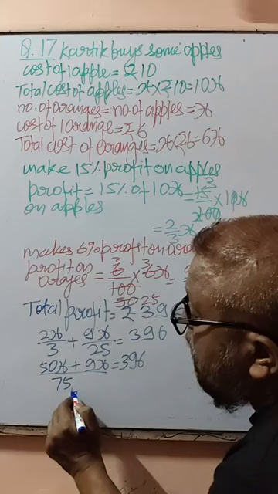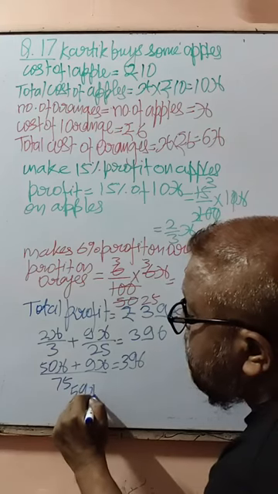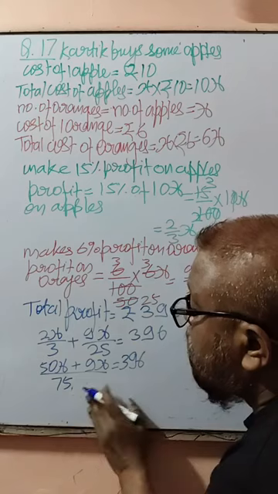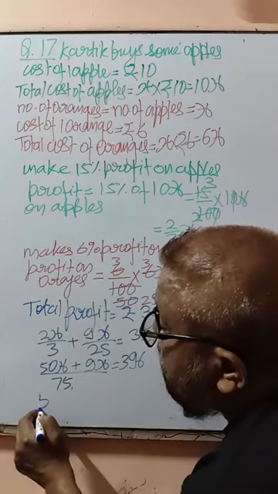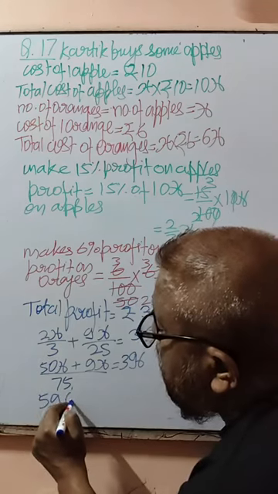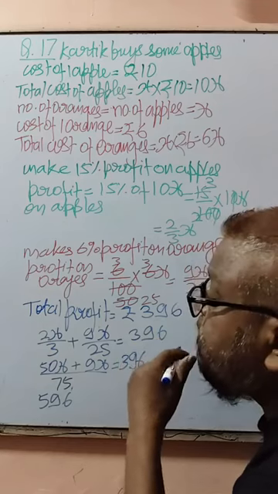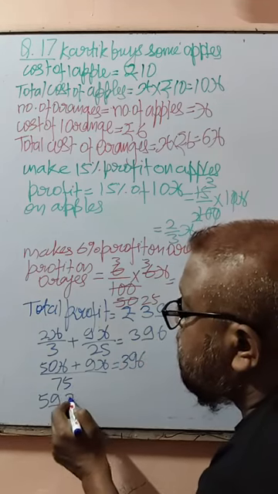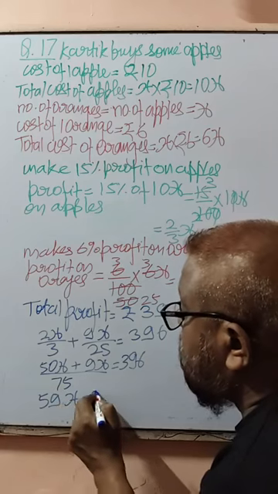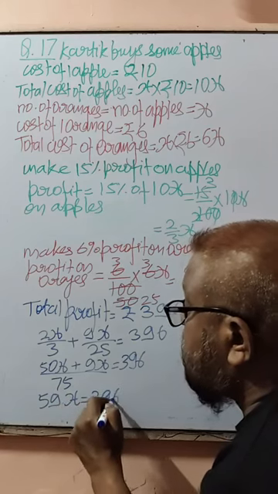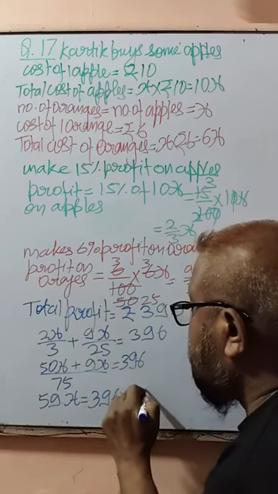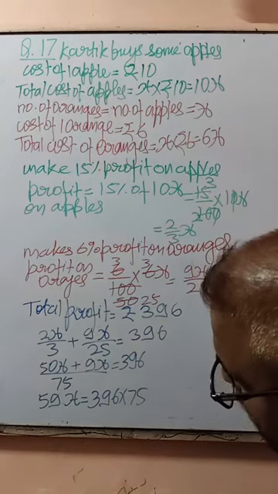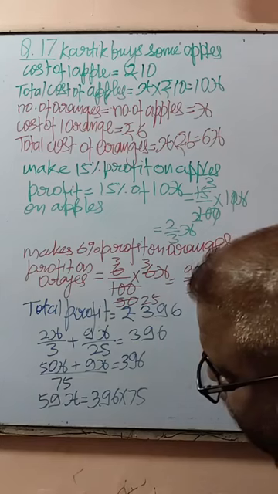So 59x is equal to 396 into 75, right? Yes, sir.